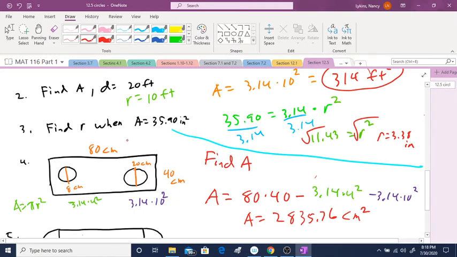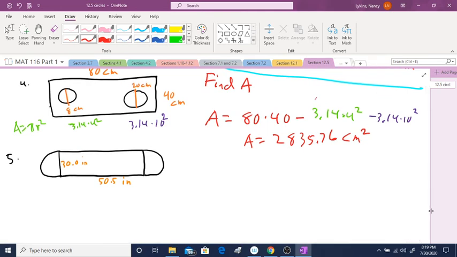Remember, significant digits, and you're multiplying, you only have two. The 80 and the 4, and then you also have the 8 and the 10 as well. So if it asks you for that, you could say that would be 2,800 centimeters squared. They could ask you something like, okay, round to the nearest 10. So that'd be like 2840. So it depends on what they ask you.